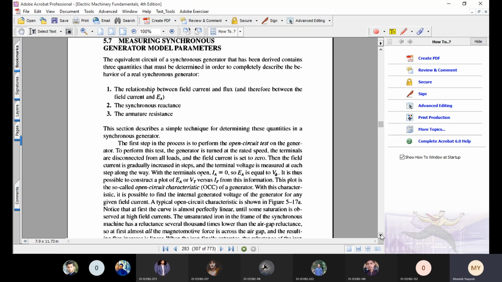And finally, using a DC test, we can compute the armature resistance. And if we have the armature resistance and EA and IA with us, we can also compute the exact value of synchronous reactance. So this is the summary of how we will calculate these parameters. Now we will come to the detail of these calculations.